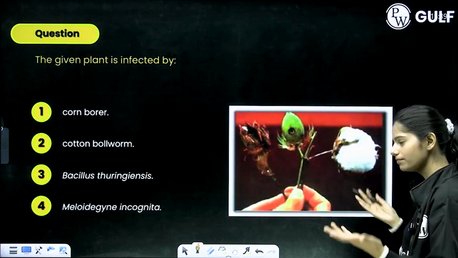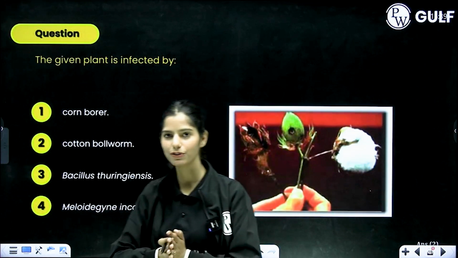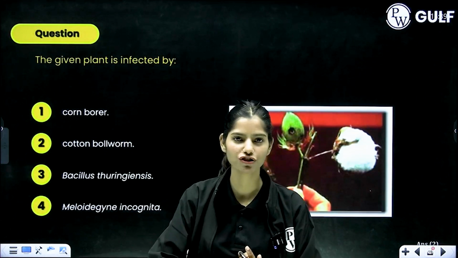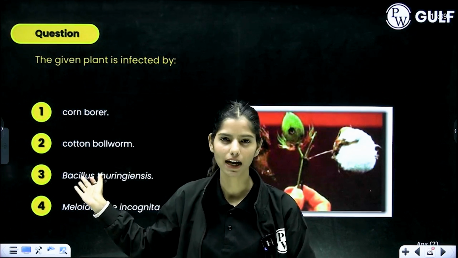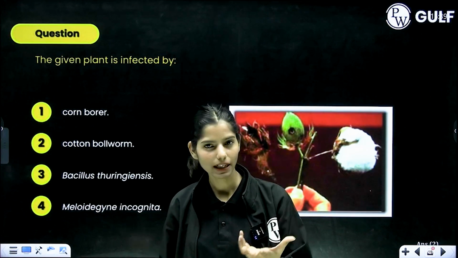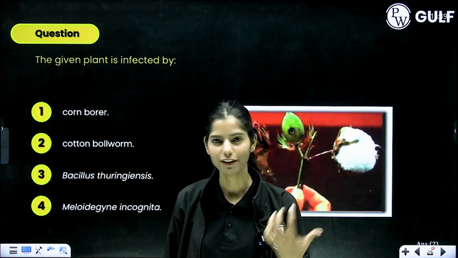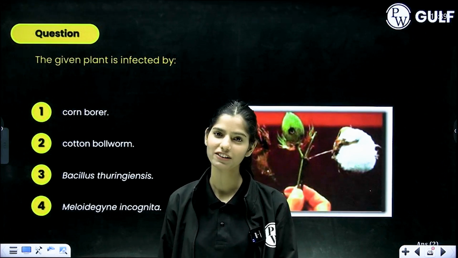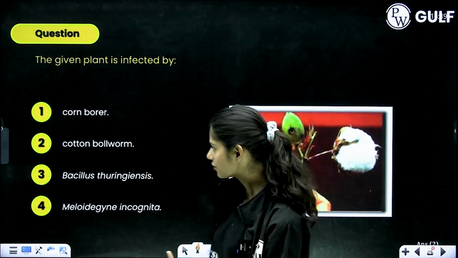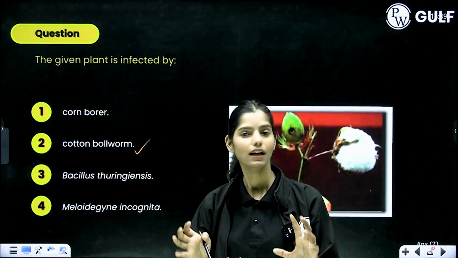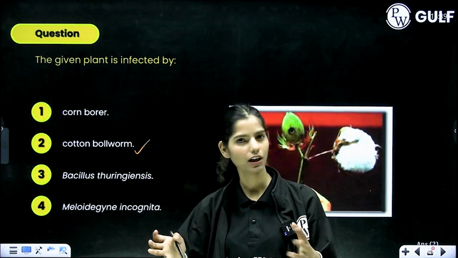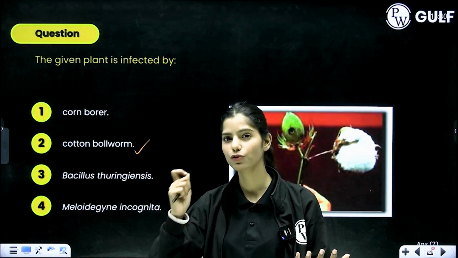The last question, again from the chapter biotechnology applications. We have been given a picture of a cotton plant. You have to think about the insect which infects the cotton plant. We all know it is cotton bollworm, right? So just remember this part. They can give you plant diagrams as well, to identify the plant or the insect which is going to infect this plant.